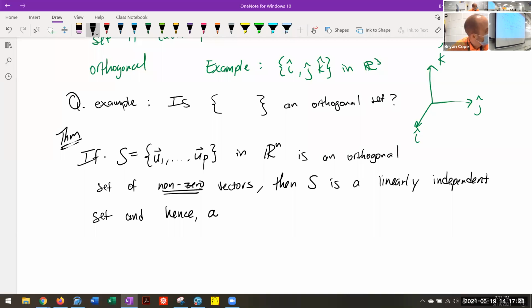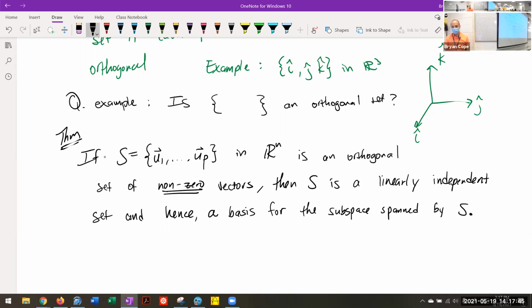You could say that it would create an invertible matrix. Good observation. But the conclusion we're making here is hence a basis for the subspace spanned by S. Okay, so write that down. Let's get the fact out, and then we're going to prove it formally.